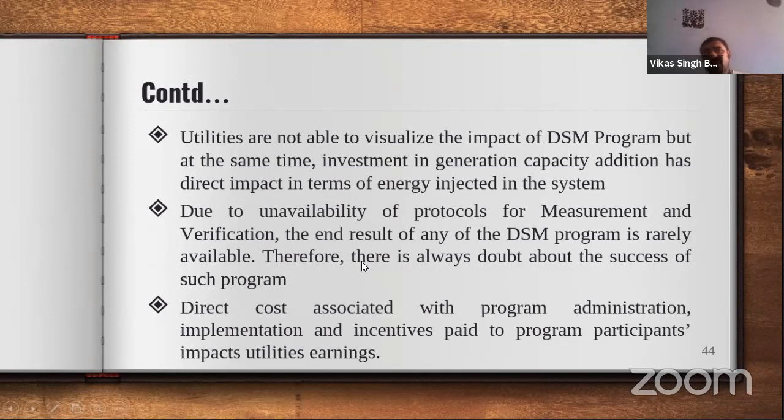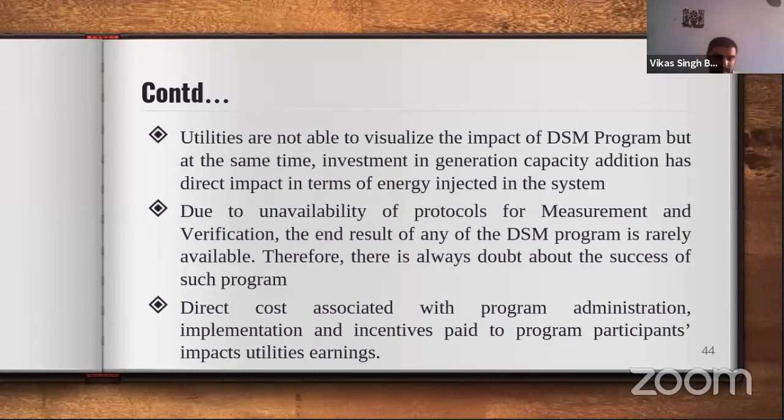One main point is customer acceptance also. It was mentioned previously that the customer should be able and willing. Customer acceptance is one of the barriers: the customer is not willing to change their use pattern unless and until he has information about the benefit.